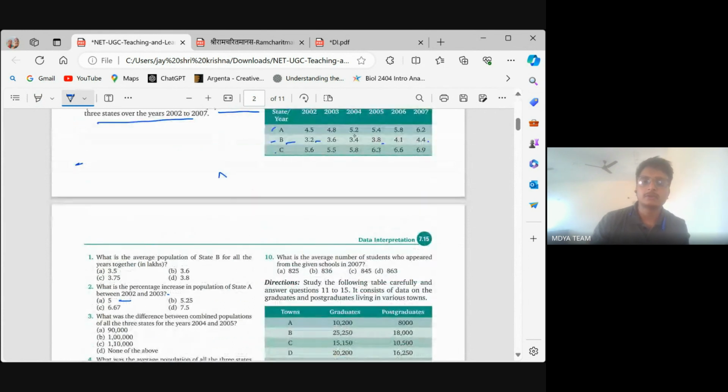For 2004, add all the population of all the states, and similarly for 2005, add the population of all the states. You will get the combined population in 2005, and similarly here you will get the combined population in 2004. Get the difference. Now solve this question.